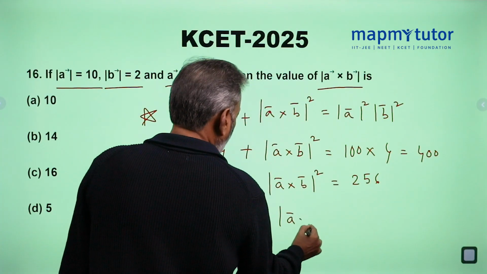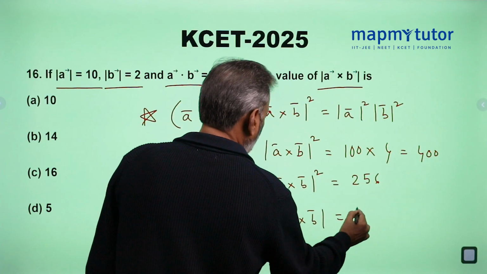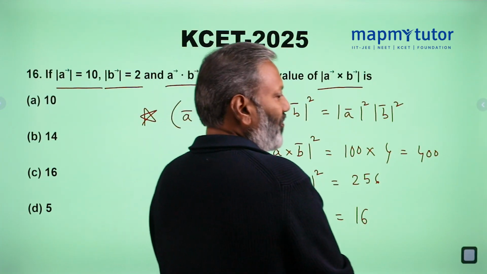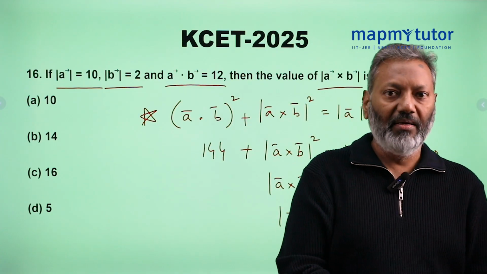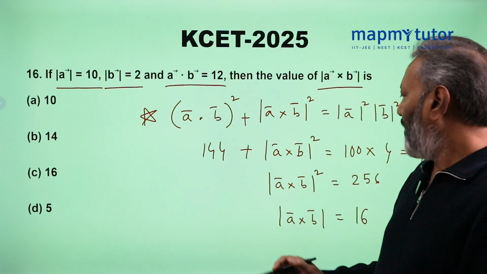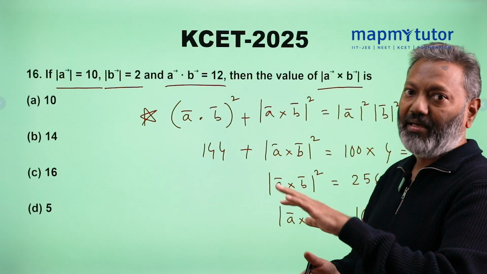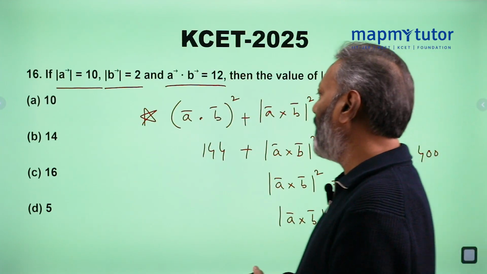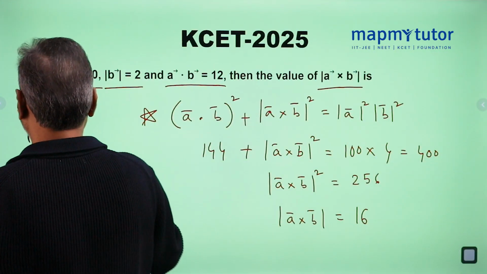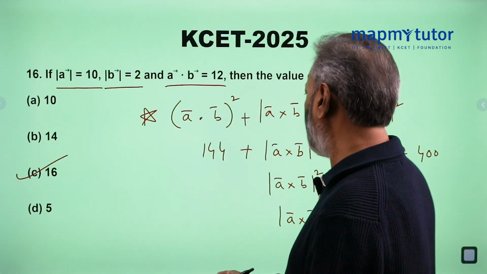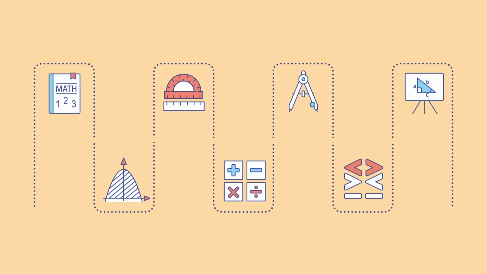And therefore, mod A bar cross B bar is 16, since 256 is 16 squared. Can I write minus 16 also? Because root of 256 gives plus or minus 16. No, don't write that here because it is a magnitude. It must be positive. So the answer is option C, that is 16.